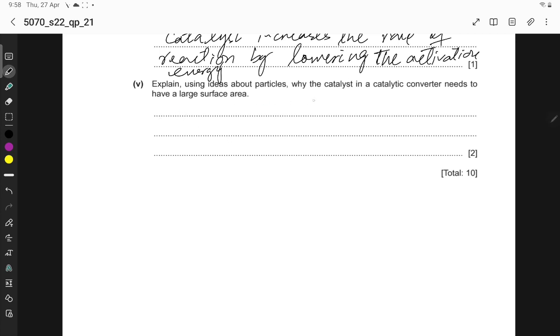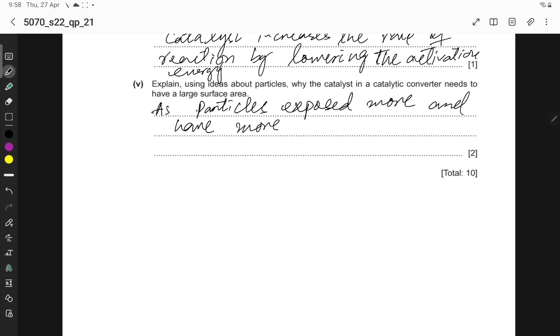More surface area is needed as more particles are exposed and have more successful collisions per second.